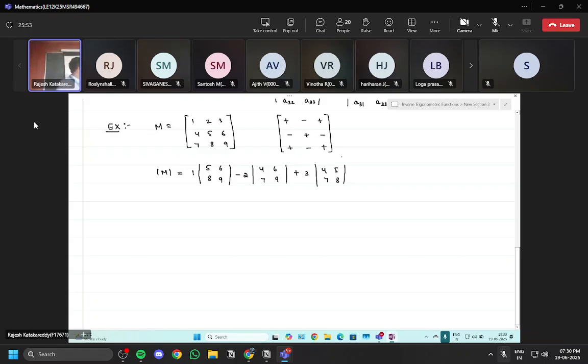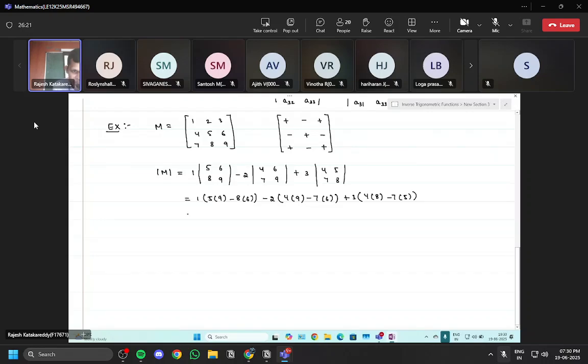It will be product between the principal diagonal elements minus product between the non-principal diagonal elements. AD minus BC we will call. This will be 1 into (5 into 9 minus 8 into 6) minus 2 into (4 into 9 minus 7 into 6) plus 3 into (4 into 8 minus 7 into 5).